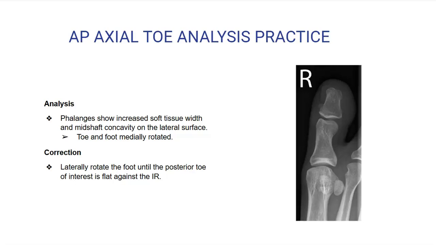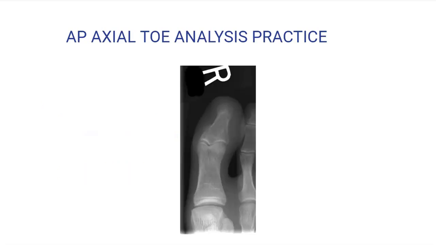In order to correct this, we need to laterally rotate the foot until the plantar surface is flat against the image receptor. Go ahead and review this last AP axial toe practice analysis and answer the following question.